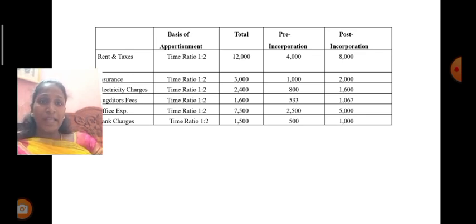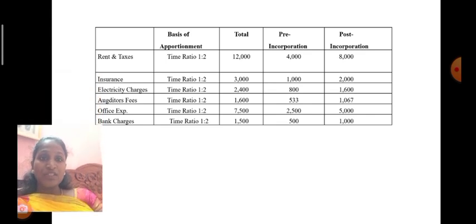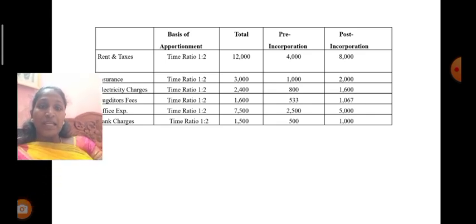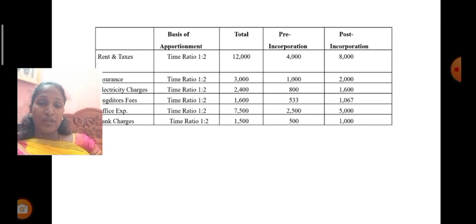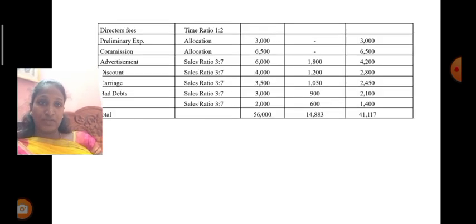The next item is auditor fees. It comes under the head of time ratio. Next, office expenses come under the head of time ratio 1:2. Next, bank charges, time ratio is allocated, that is 1:2. Next, director fees are directly allocated to the post.